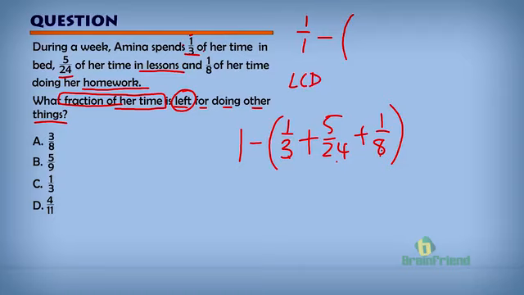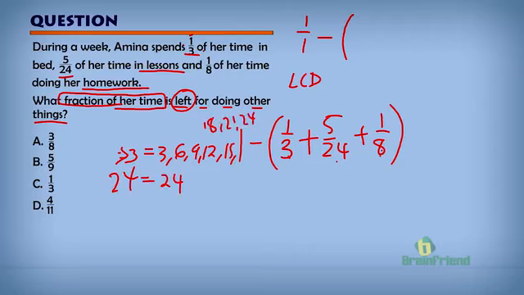Multiples of 3 would be 3, 6, 9, 12, 15, 18, 21, 24, 27, 30, 33, and so on. It goes on and on.